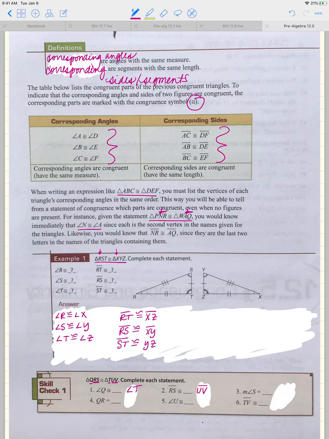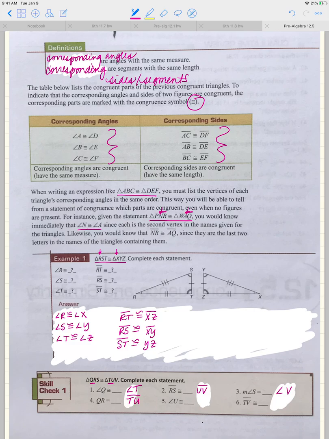Number 3, the measure of angle S. Here's angle S, the last angle, so it's going to be congruent to the last angle there. So angle S is congruent to angle V. Just erase these. Okay. Segment QR, first two, it's going to be congruent here to TU.